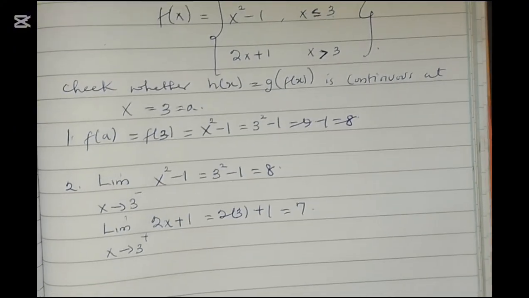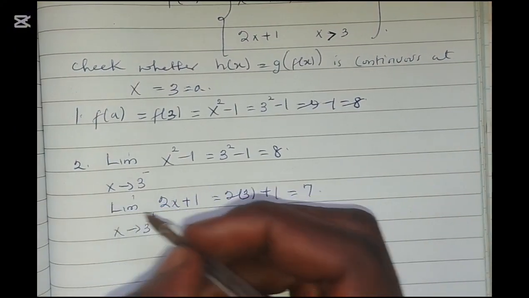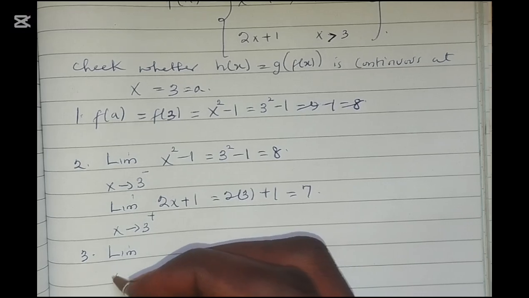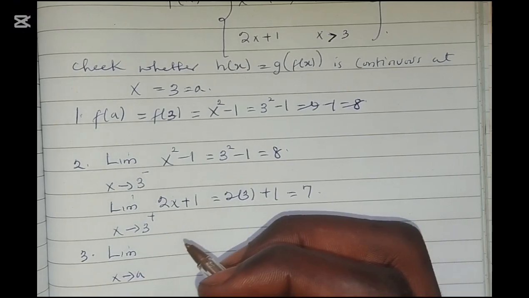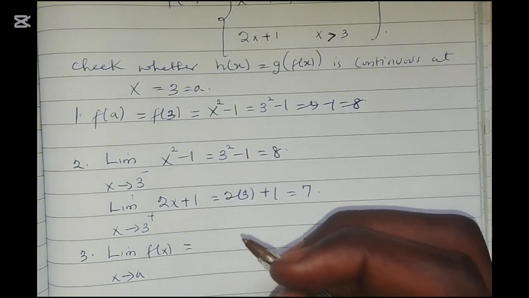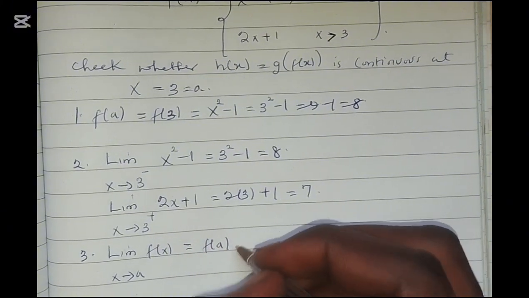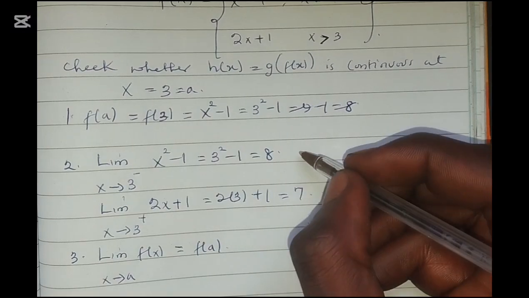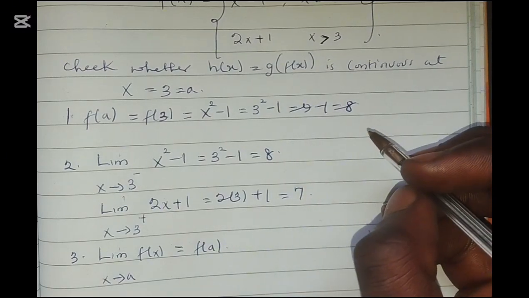So as you can see, the last condition says that the limit as x approaches a from either side of f of x must equal f of a. But that is not true, because the limits do not match each other.